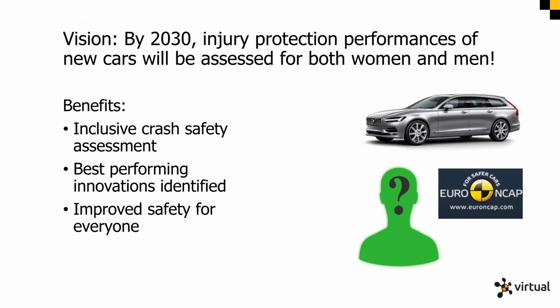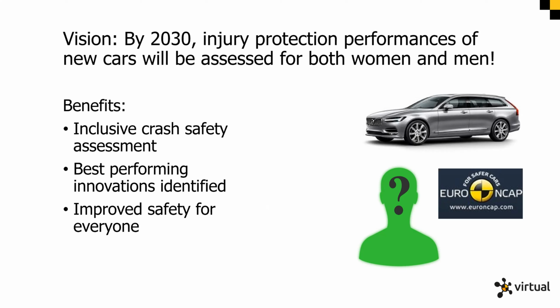We have a vision that by 2030, in-year protective performance of new cars will be assessed for both men and women. And as I highlighted before, the benefit of this is, in addition to having an inclusive crash safety assessment, we also are able to identify the best performing innovations in new cars, which is not the case today.